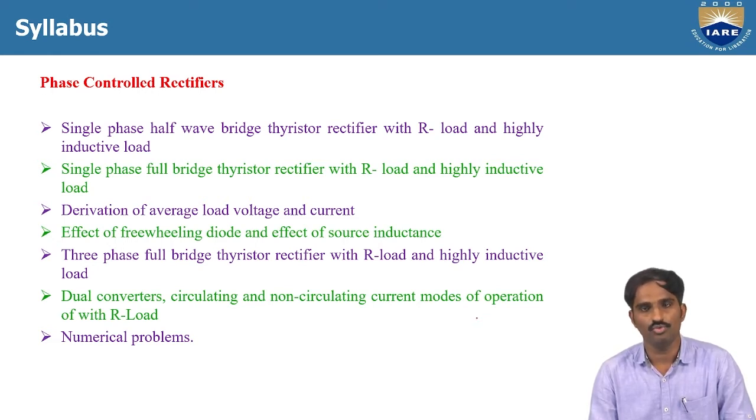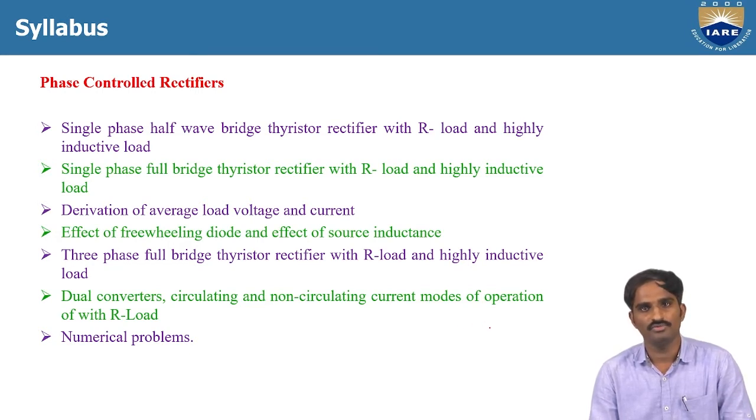the average load voltage and the load current, and I will also explain how to derive the RMS voltage as well as the RMS current in each case, which is the single phase half bridge converter with R load and the single phase half bridge converter with RL load. Similarly for the full bridge rectifier with R load and RL load.